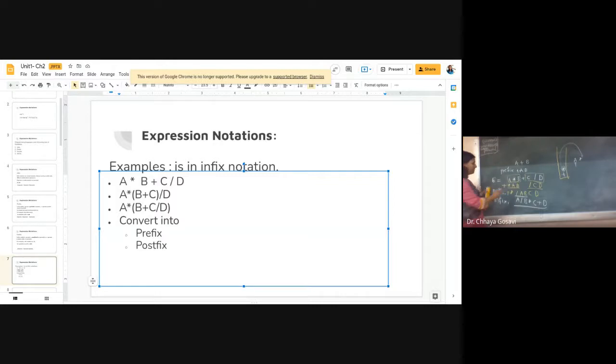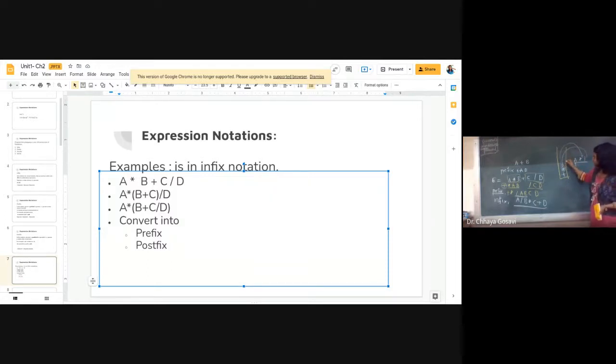So always try to find the highest precedence operator, convert that part first, and then the lower precedence operator should come first. So the first operator is always the low precedence operator. In this case, as soon as you find a binary operator, you already have A, so take B, perform multiplication and put this value here.